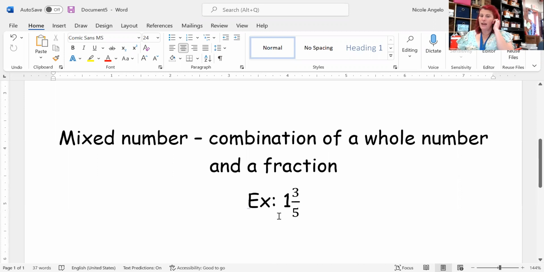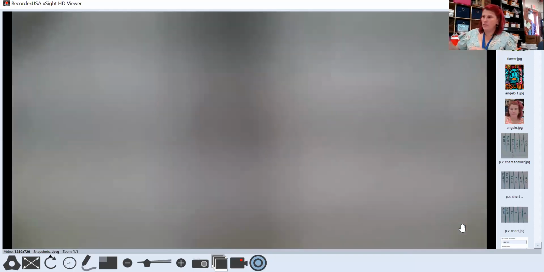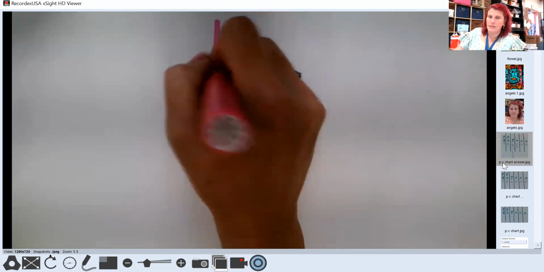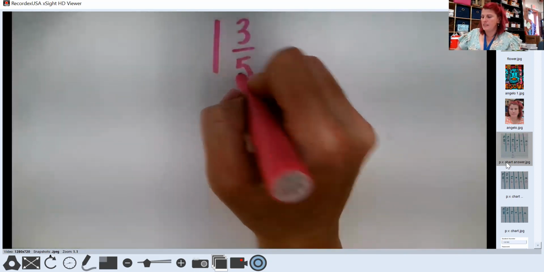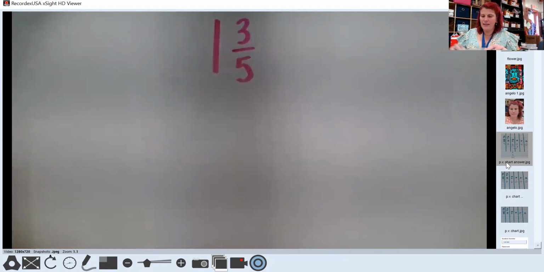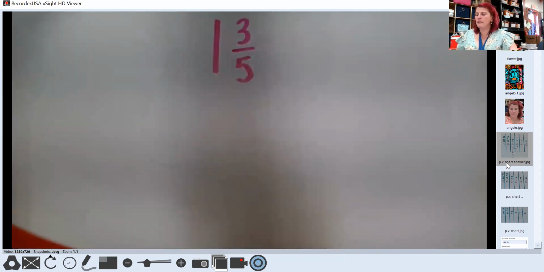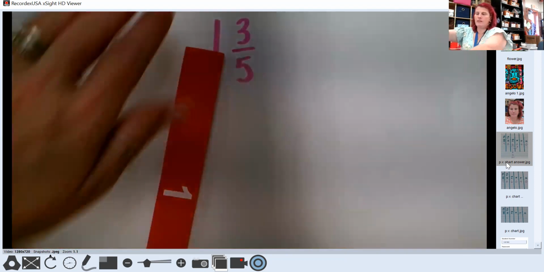An example of that would be 1 and 3/5. So here I have my mixed number, 1 and 3/5. And I am going to first build that fraction.